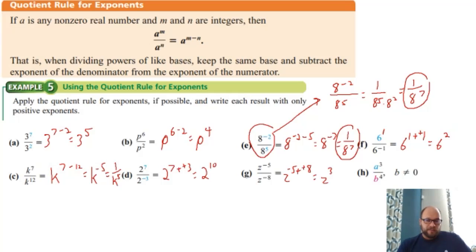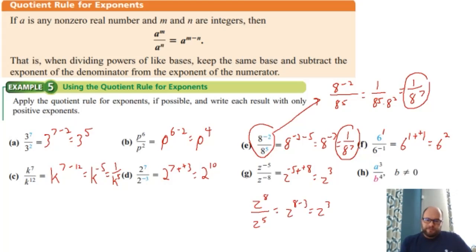So you could have said, all right, we have z to the 8th over z to the 5th. Then subtract, z to the 8 minus 5. Notice we still get z to the 3rd. With our exponent rules, you should be able to apply the rules in any order. It's not the same thing as doing order of operations. Again, these rules should be interchangeable no matter what order you do them in.